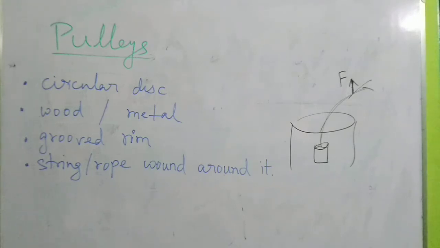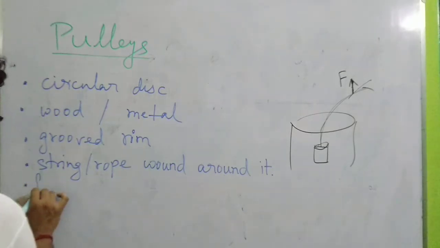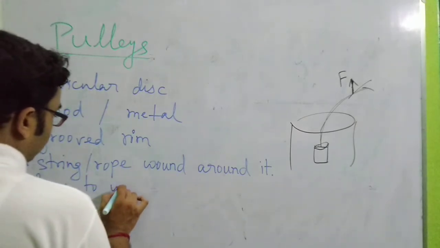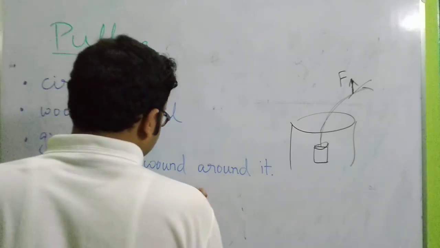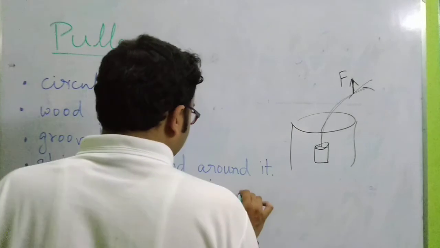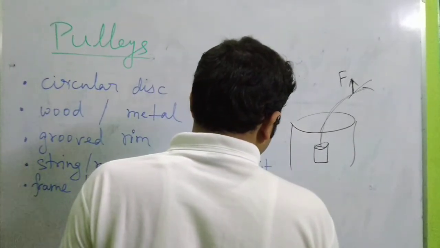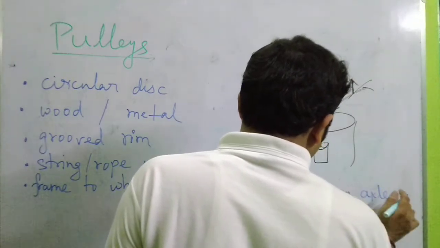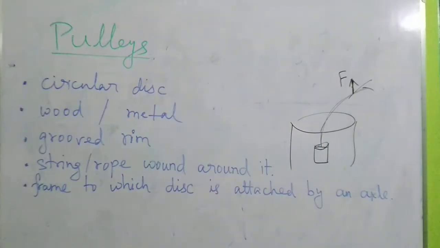Now, there is a frame to which this circular disc is attached with an axle, with the axle being tightly pivoted to the frame, with the help of some nuts or maybe nails.